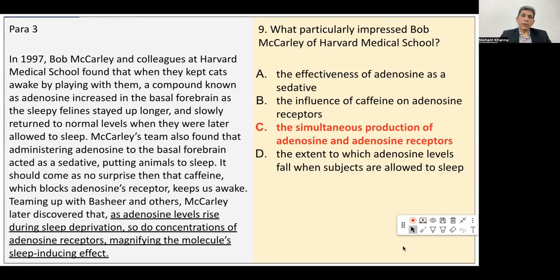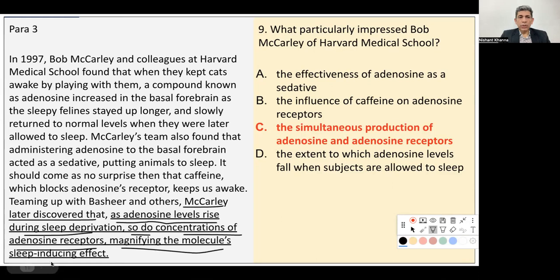Okay, so now the answer is the simultaneous production of adenosine and adenosine receptors. So both have become more. So where does it say? Let us see what he talks about. He says, McCarley later discovered that as adenosine levels rise during sleep deprivation, so do concentrations of adenosine receptors, magnifying the molecule's sleep-inducing effect.